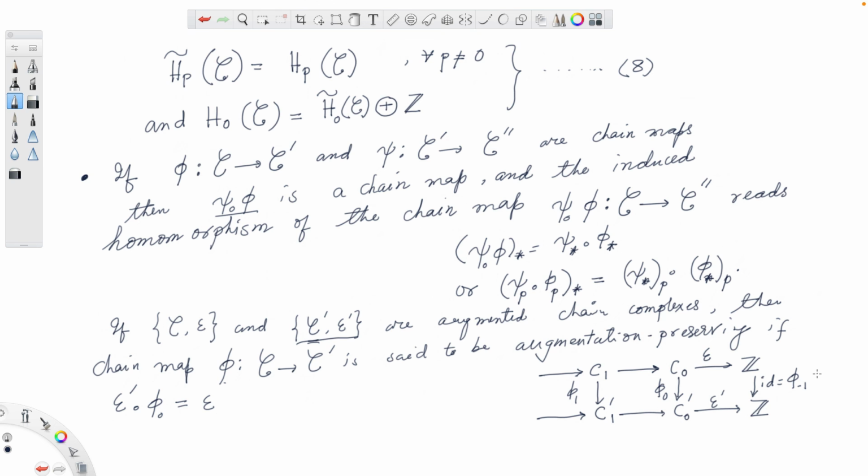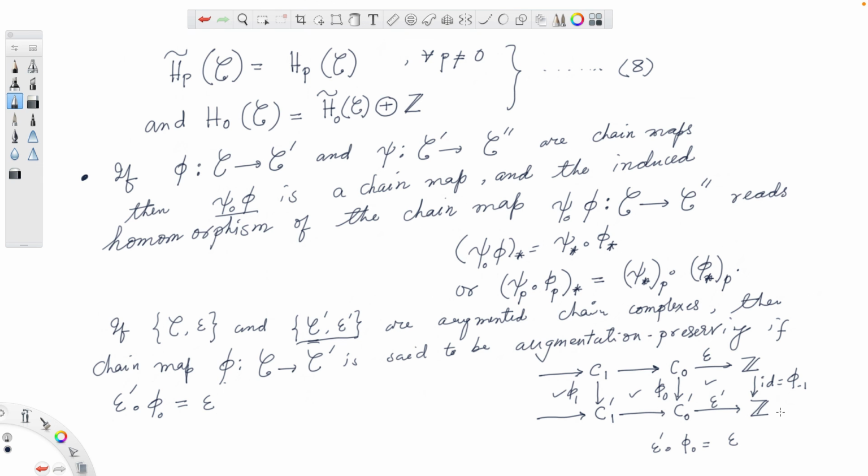Okay, so the commutativity of this diagram, the rightmost square, gives us that epsilon prime composed with phi 0 is equal to epsilon composed with the identity map.